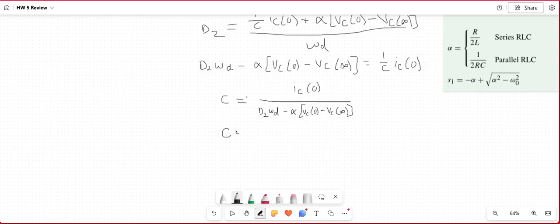So now when we plug all that into here, we get C equals 0.01 farads. So that's C. That's our third part.